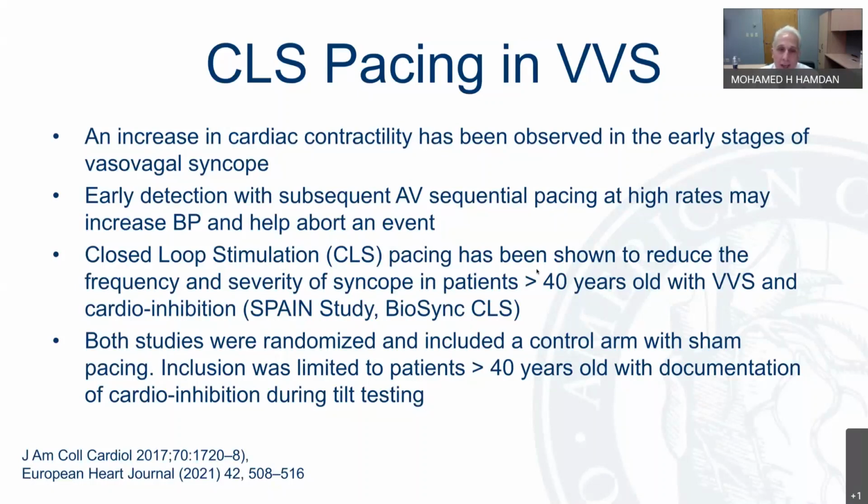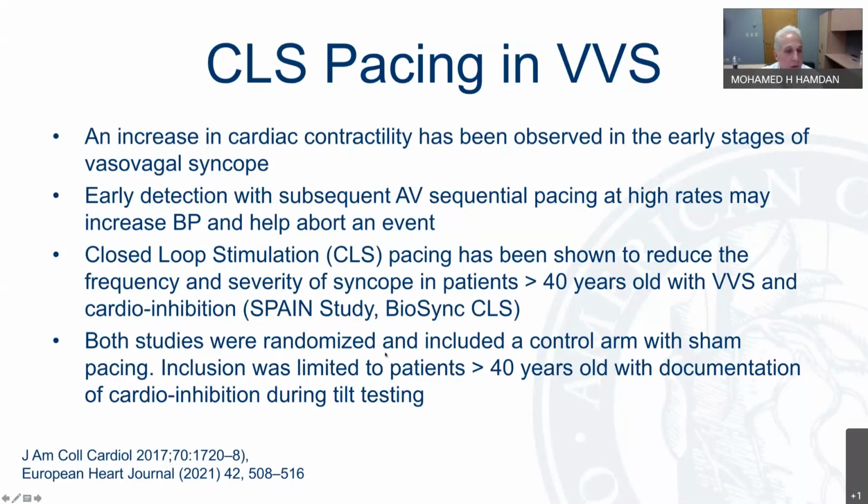So if you detect that phase and apply AV sequential pacing at high rates, you're going to increase the blood pressure and hopefully abort an event. And that's really what CLS pacing does. And it has been shown to reduce the frequency and severity of syncope in patients above the age of 40 with vasovagal syncope and cardioinhibition. And I want to bring your attention to a couple of studies that I really think you should read if you can: the SPAIN study and the BioSync.